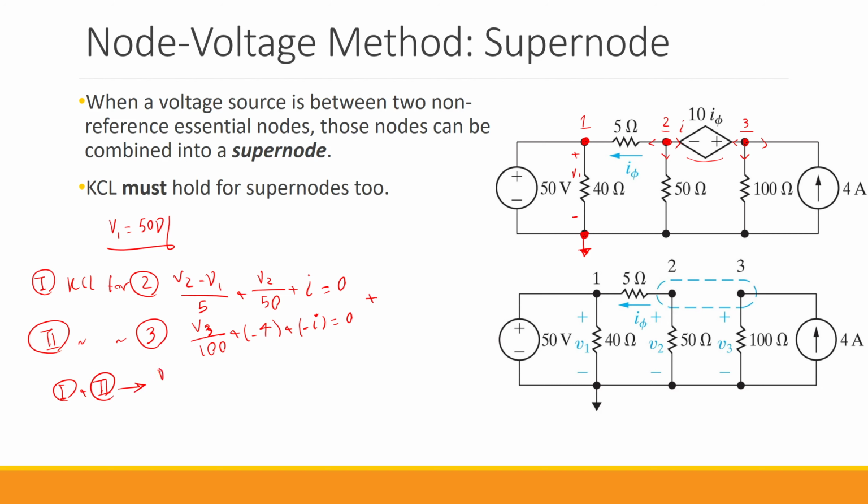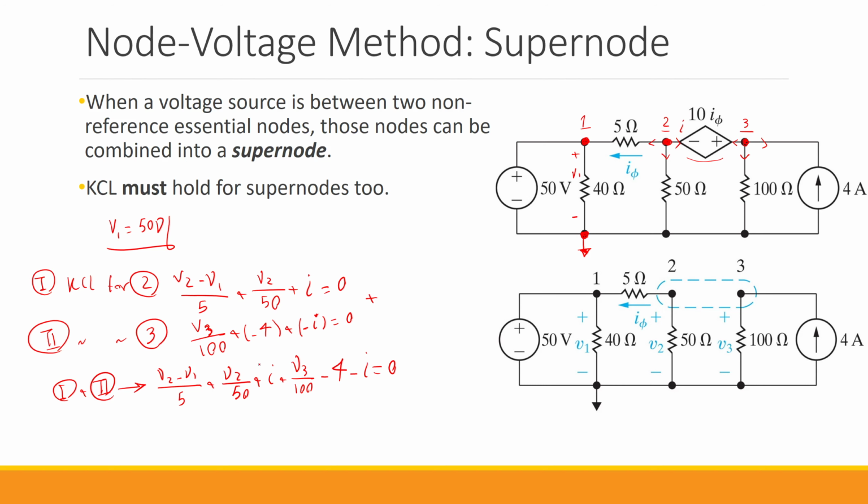We have V2 minus V1 over 5 plus V2 over 50 plus I plus V3 over 100 minus 4 and then minus I equals 0. So we summed up the two sides of these equations.